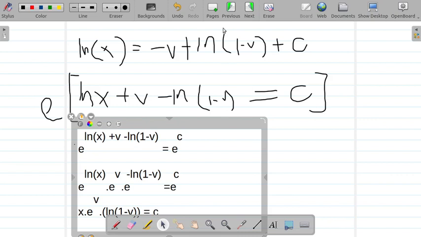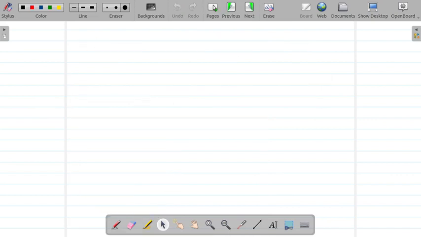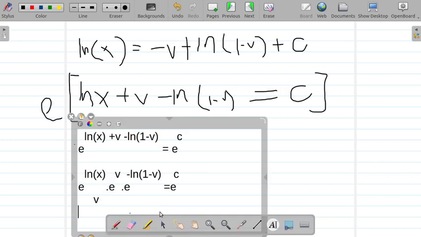Then afterwards, e raised to the power of ln of x is just equals to x, thus e raised to the power of v is just equals to e raised to the power of v times e raised to the power of negative ln, which is 1 minus v.